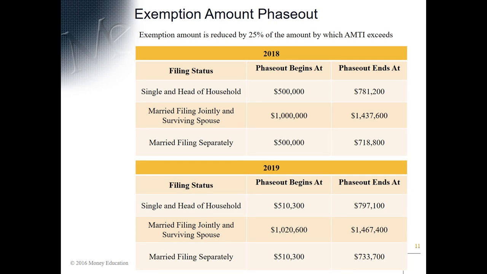Now, if it goes up to $1,467,400, then their exemption amount's completely phased out and they won't get any. But you can see, this is very high income. Percentage-wise in the United States, that's an extremely low percentage of people that will be affected by it. You may have more clients, of course, in that range than is representative of the country. So we hope so. So you need to be aware of that.